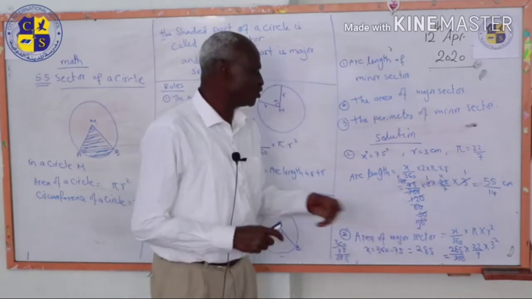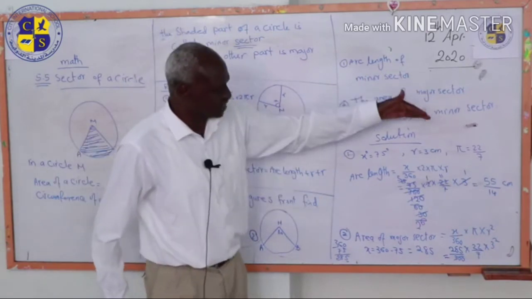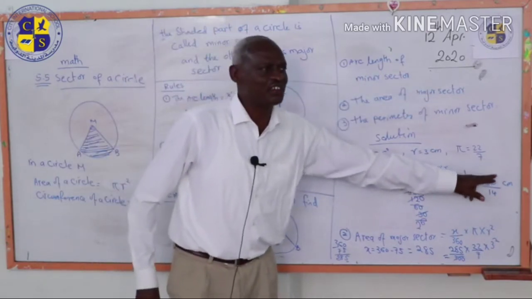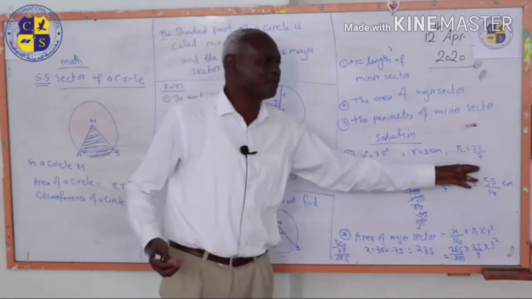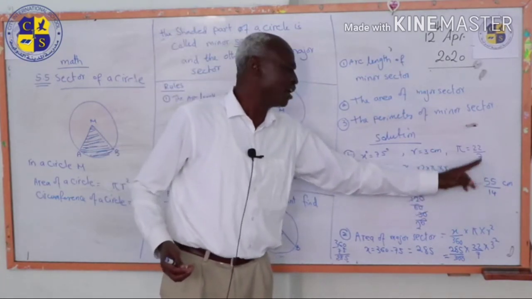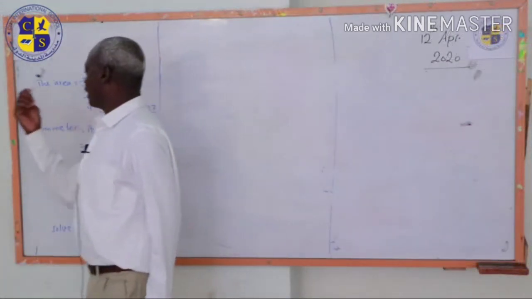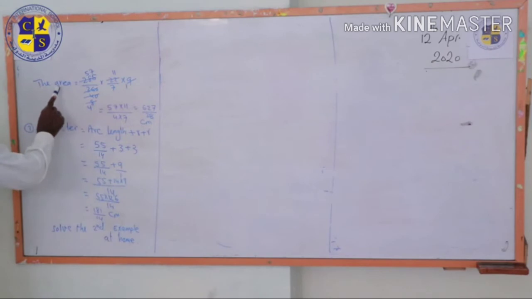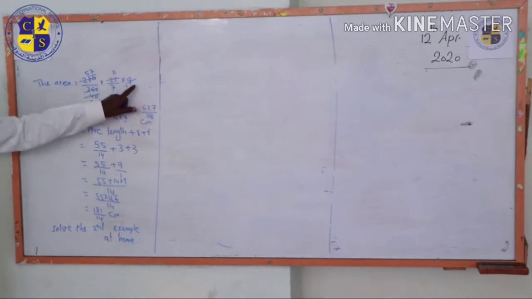To reduce it to the lowest term, whatever number you find will be a fraction. For example, if you find 55 over 14, no need to make it simpler. This is the lowest term of the minor arc.